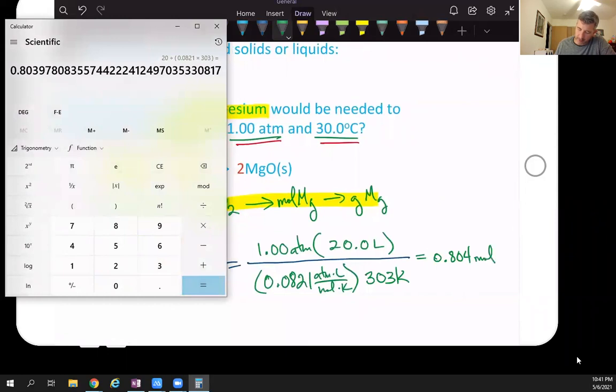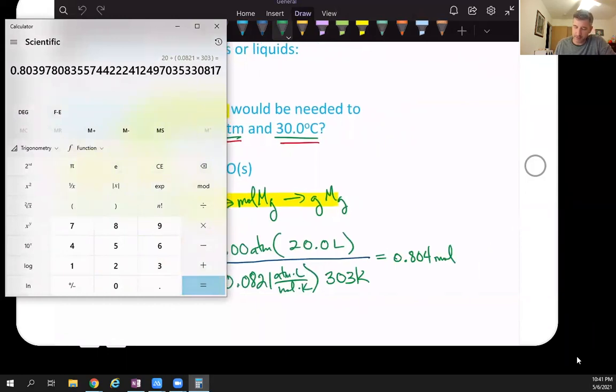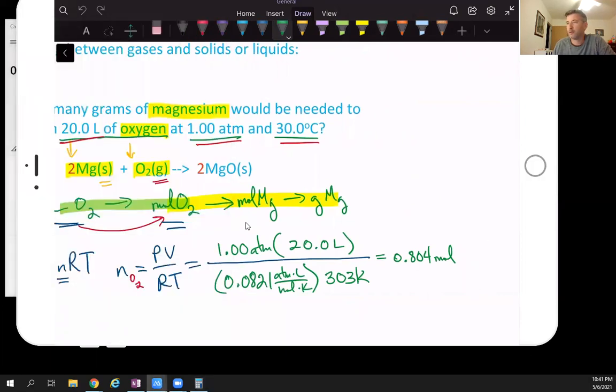Now, be very careful here. We have two substances in the problem. We have oxygen that we're given the liters of, and we have magnesium that we're trying to go to the grams of, right? So which one did I just find? Right, I just found oxygen.